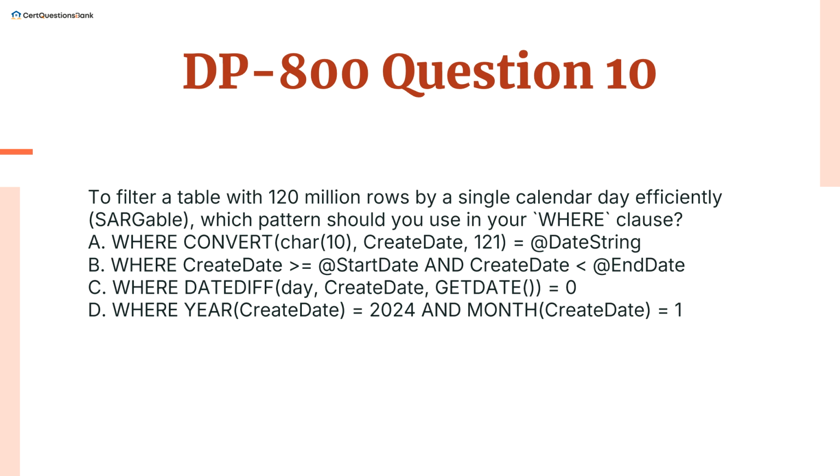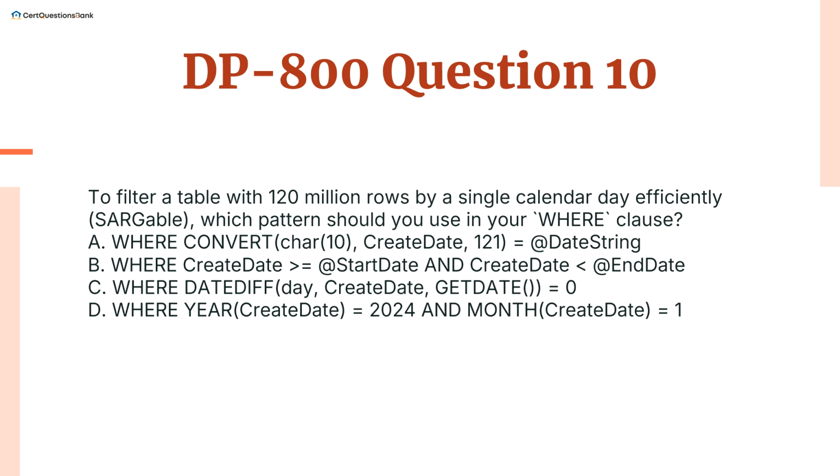To filter a table with 120 million rows by a single calendar day efficiently, SARGable. Which pattern should you use in your WHERE clause? A. WHERE CONVERT(CHAR(10), CreateDate, 121) = @DateString.